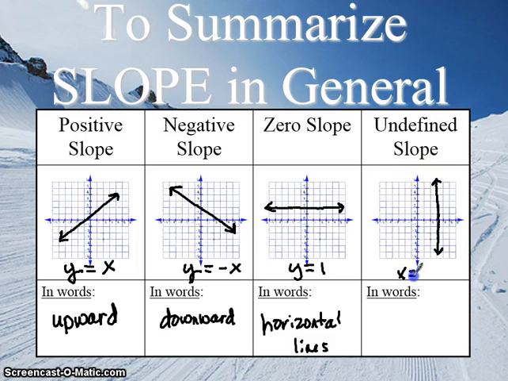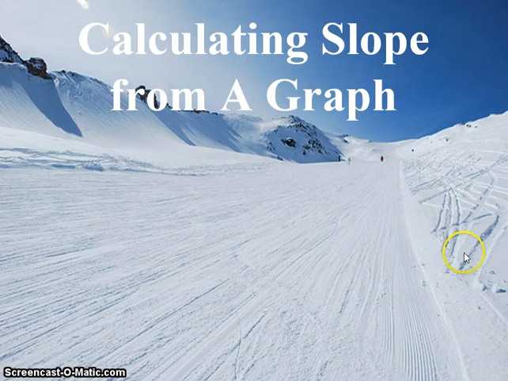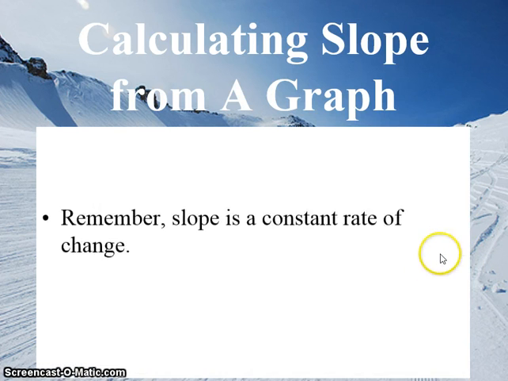It's a variation of x equals 1 in which x has many outputs depending on where it is. So in other words, when we look at it, it looks like a vertical line. Anytime you see a vertical line, you'll know it has an undefined slope because it's not actually a linear function. Now, we're going to look at how to calculate the exact slope from a graph.